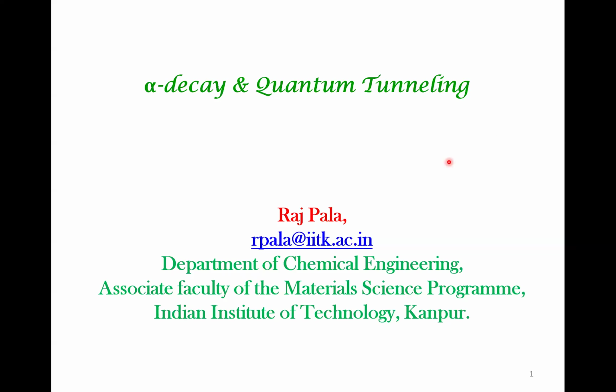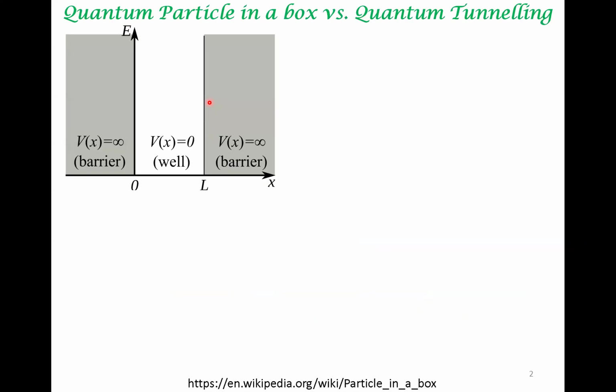Welcome back. In this lecture, we will go into certain mechanistic aspects of alpha decay, and this would involve quantum tunneling. We will also see why that is so, although some motivations were given in the previous lecture, wherein we introduced alpha decay.